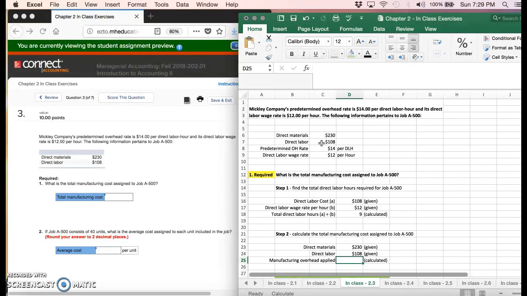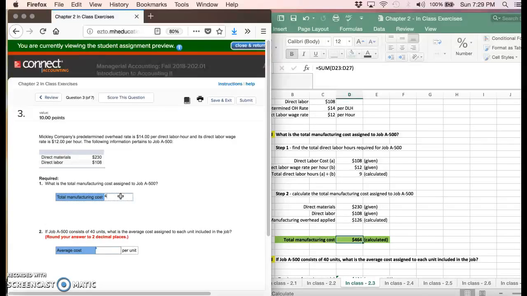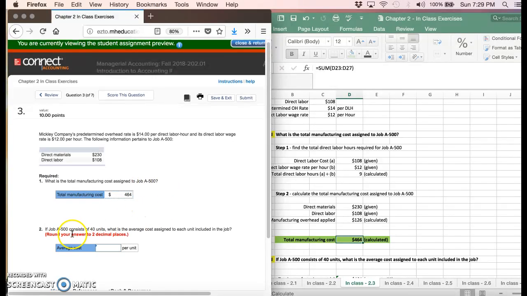So we know how many direct labor hours, 9, times, what's our predetermined overhead rate? 14, right? So that's 126. So in order to get our total manufacturing cost, we add these three together. 464. All right, so we have that down here. We're going to put this in here, 464, total manufacturing cost assigned to job A500.